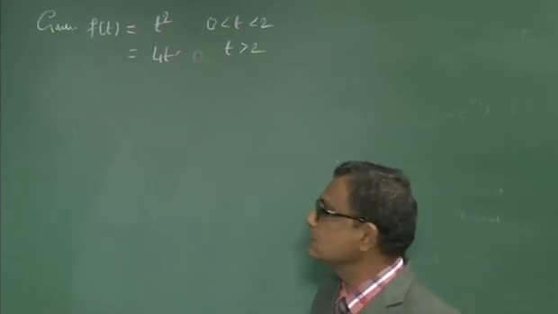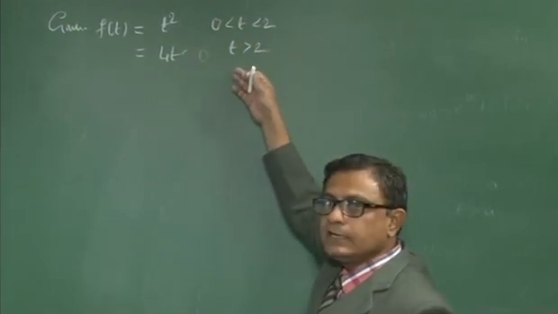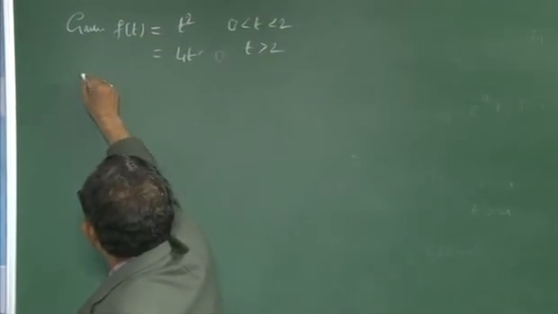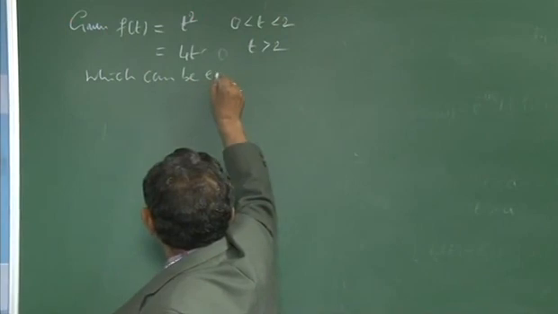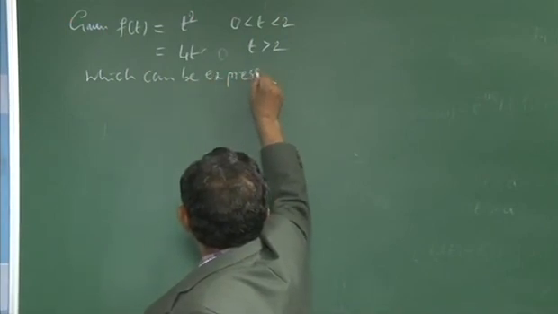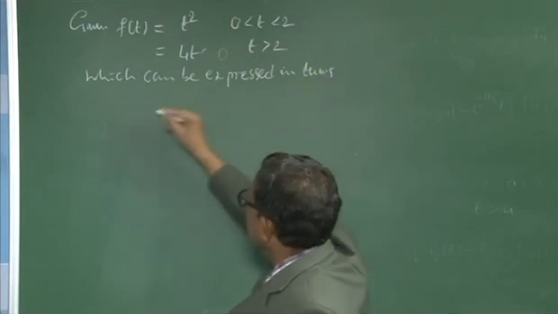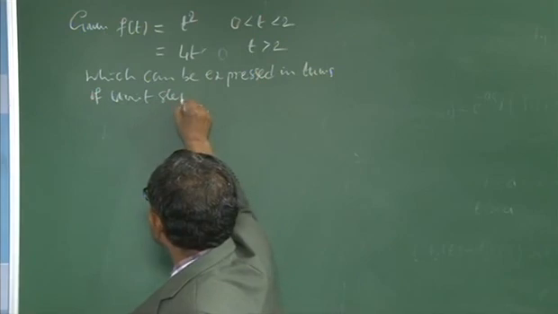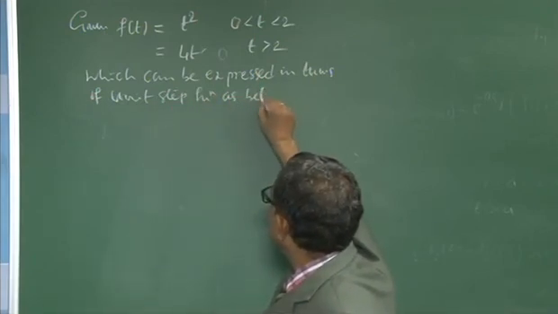How to express? Here it is defined in 0 to 2 and t greater than 2, which can be expressed in terms of unit step function as below.